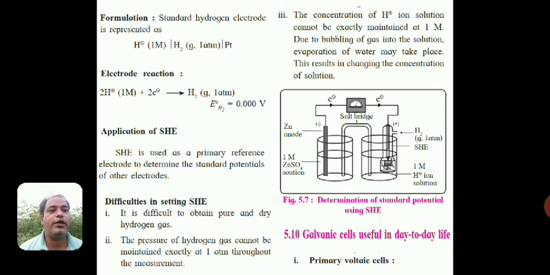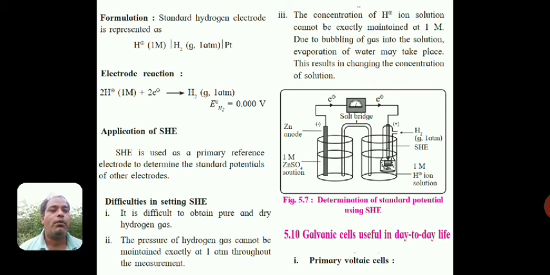I'll explain once again. Please listen carefully. We know that the E0 value of SHE is 0.0 volt, and in this particular diagram, 5.7, we are connecting that SHE with Zn, Zn dipped in zinc sulfate solution.